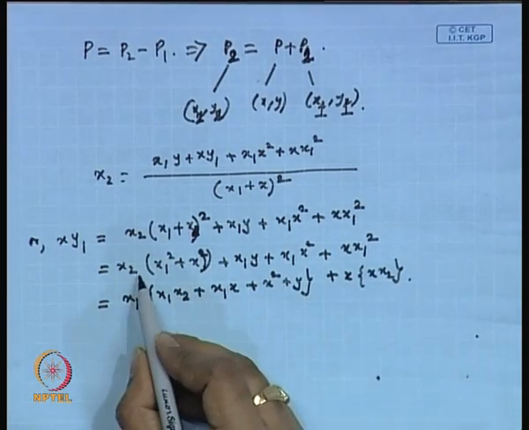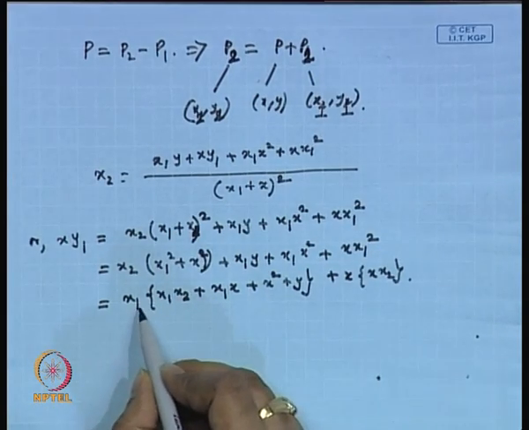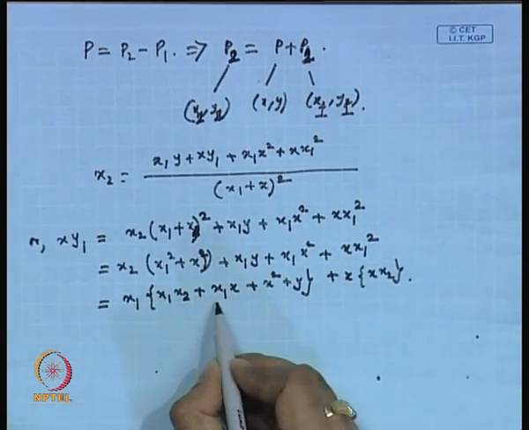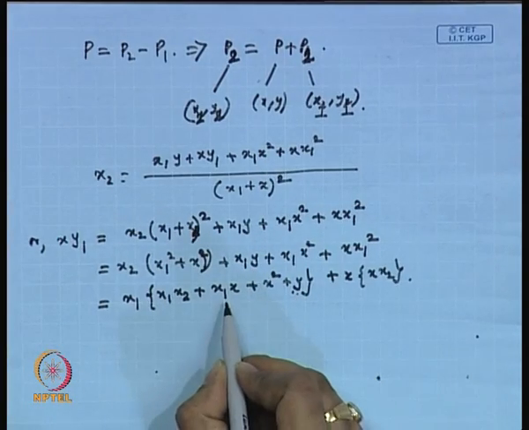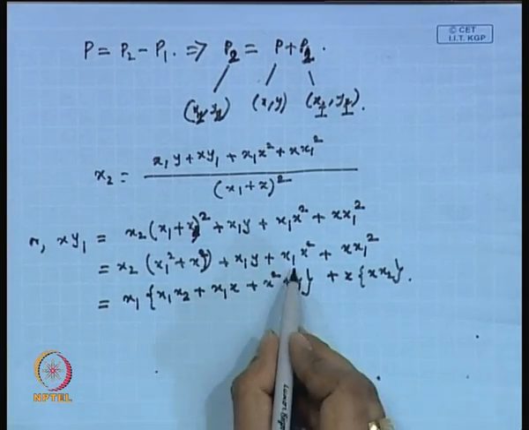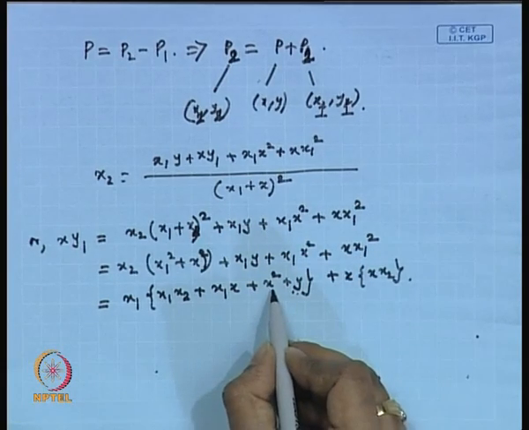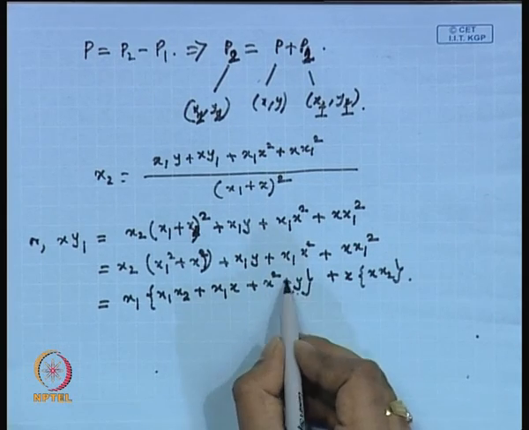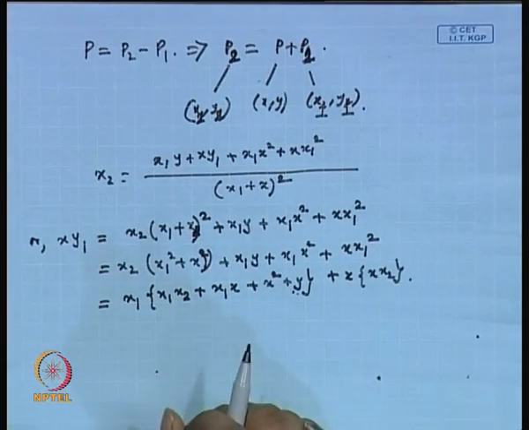So, x square into x 2 is this term, okay, and in the other part there is x 1. So, it is x 1 square into x 2 which has been written in this fashion. Then you have got an x 1 multiplied with y which has been written in this, and then you have got an x 1 square x. So, that is this term x 1 square x, and then you have got an x square x 1. So, that is x square x 1 is this term. Okay. So, these are actually written in two factors like this.